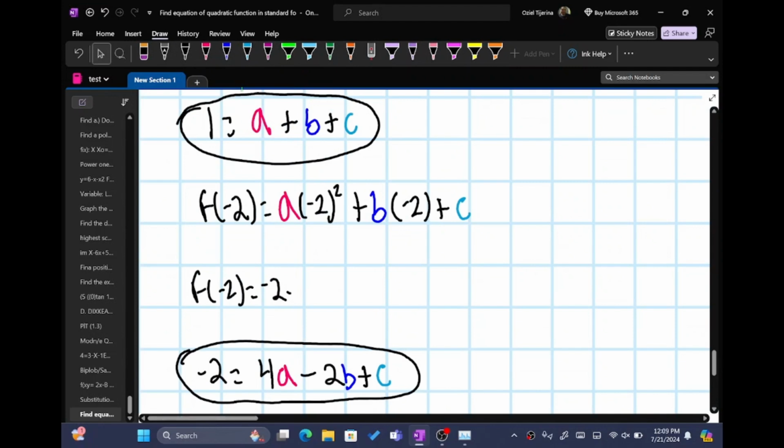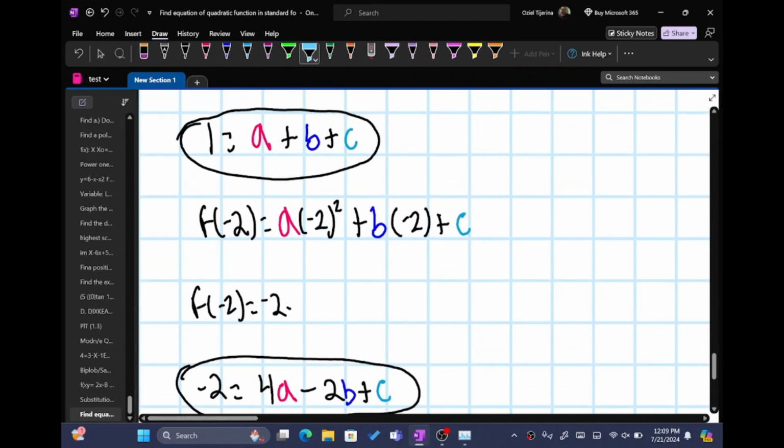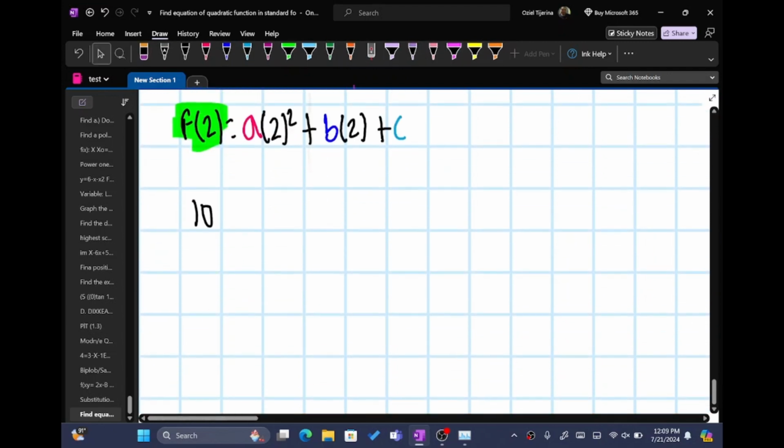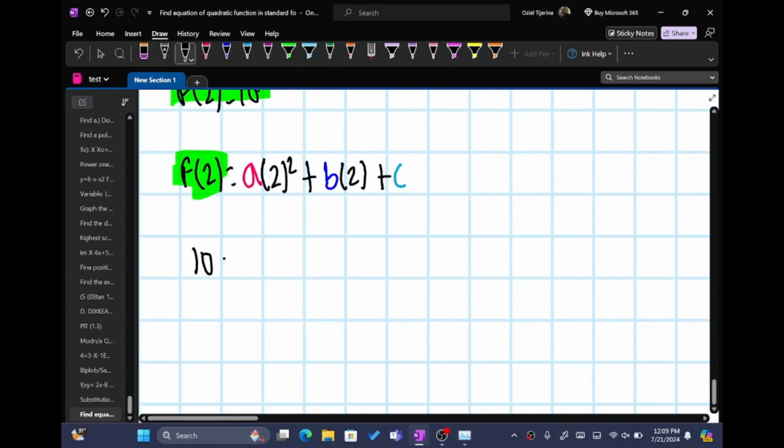I should have highlighted that over here, just so y'all know what I'm doing. So then 10 equals 4a plus 2b plus c.